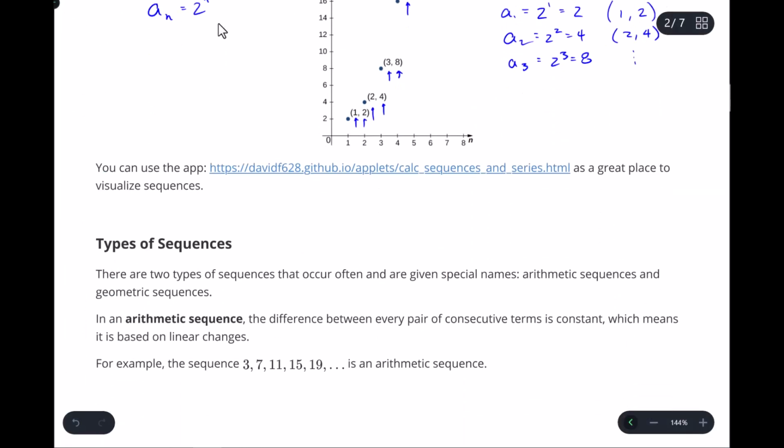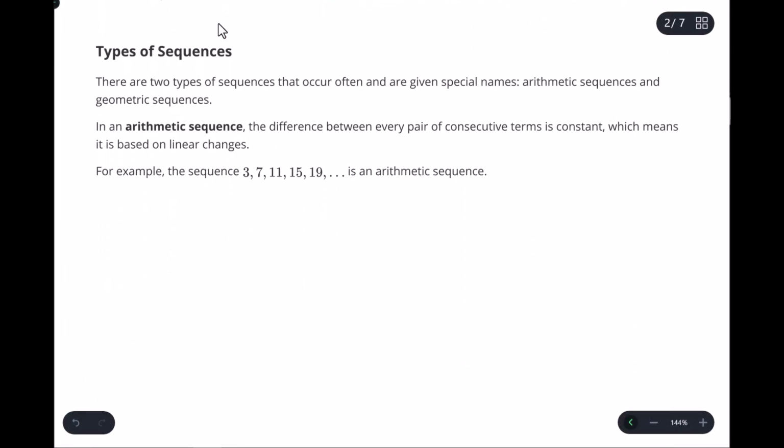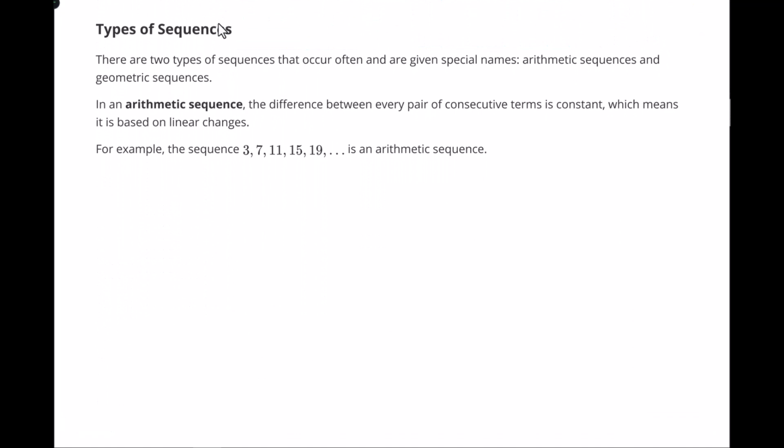Okay, now there are two types of sequences that we explore more than others. These are called the arithmetic sequence and the geometric sequence. In an arithmetic sequence, the difference between every pair of consecutive terms is a constant. What that means ultimately is that this is based off of linear changes, so you can describe an arithmetic sequence with a linear function.